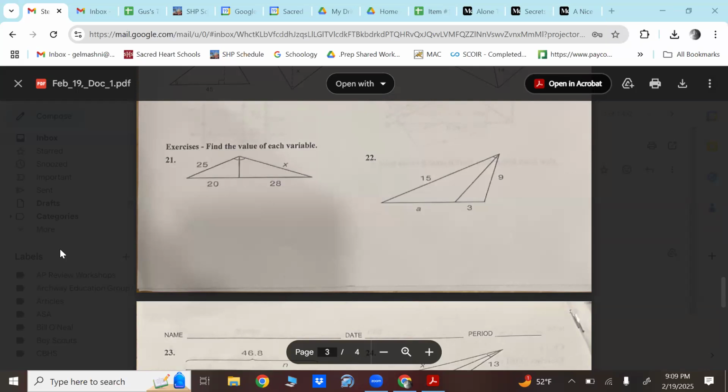I'm back. Yeah, it's still driving me nuts. I don't know what's going on here, because I don't think it's isosceles.